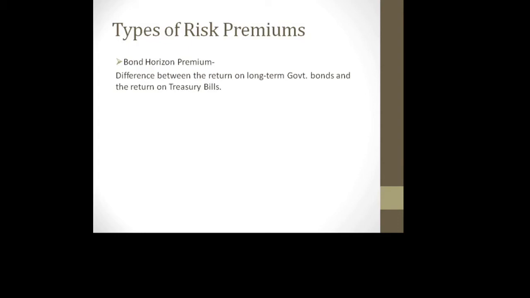Treasury bills are short-term debt instruments, whereas government bonds are long-term debt instruments. Obviously, if you are going to hold some investment over a longer period of time, you are going to get some extra amount of return from it. That extra amount of return is the bond horizon premium.